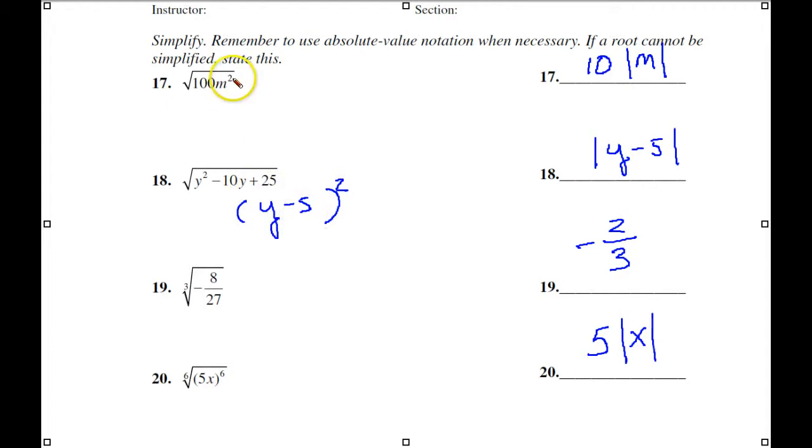Now here they're asking us to put absolute values when they're indicated. So here we're going to take the square root of 100, which is 10. And there wasn't any question about whether or not that was a negative 10, although to me that's a little iffy.